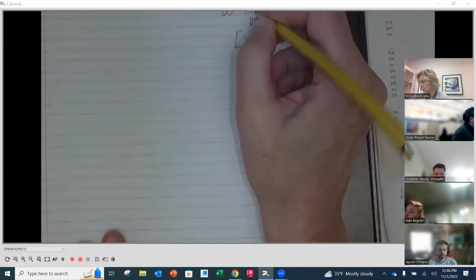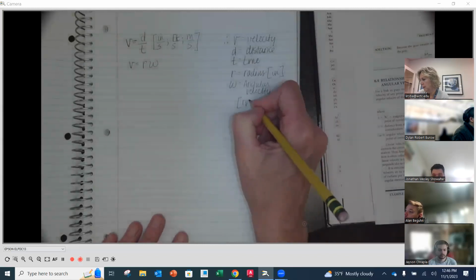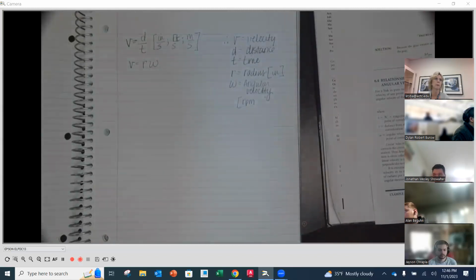So I'm gonna put this down here. This is gonna be RPMs, okay? Revolutions per minute. That's going to be how fast it's going. And when we talk revolutions per minute, it's something we can relate to. So if I'm going 1 revolution per minute on anything, that's kind of slow, right?